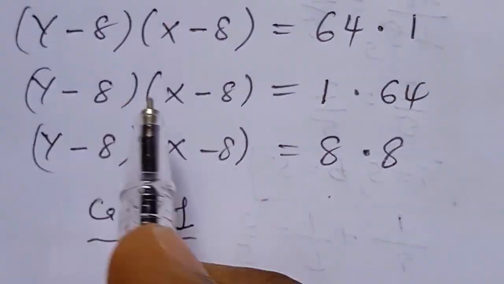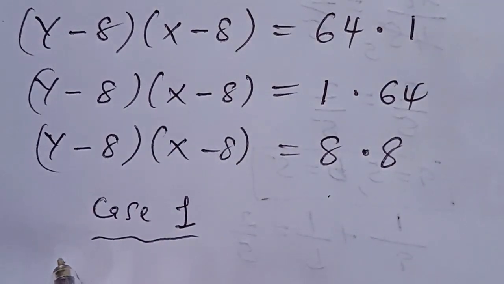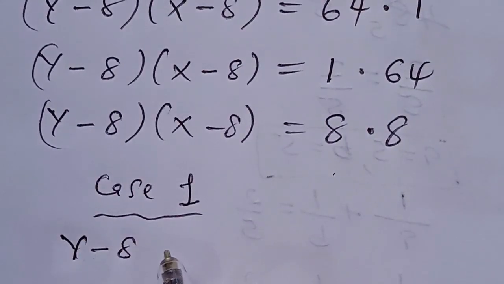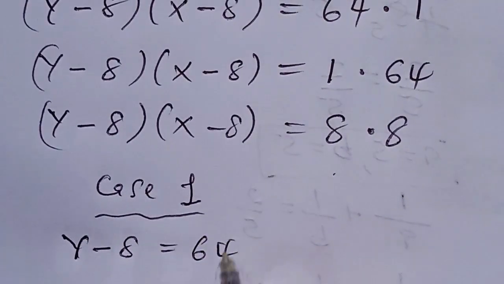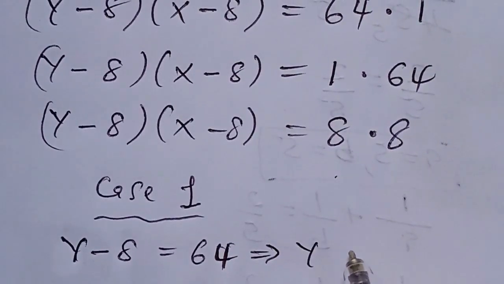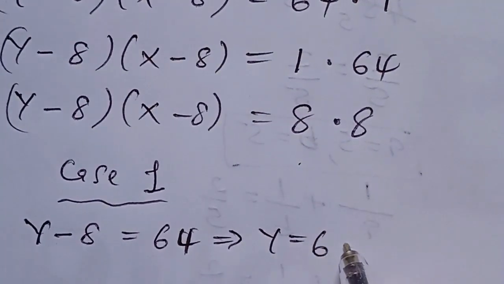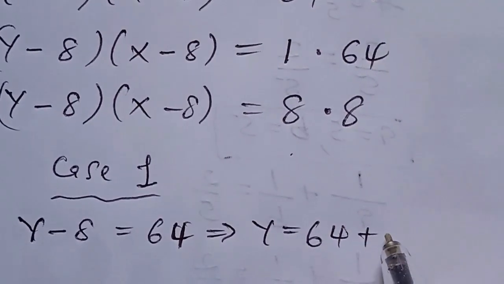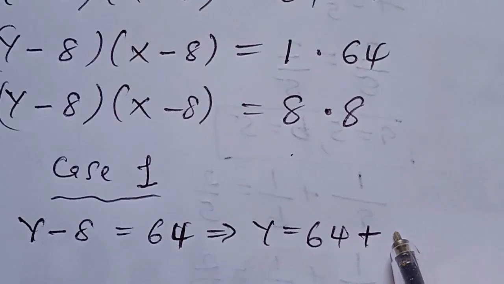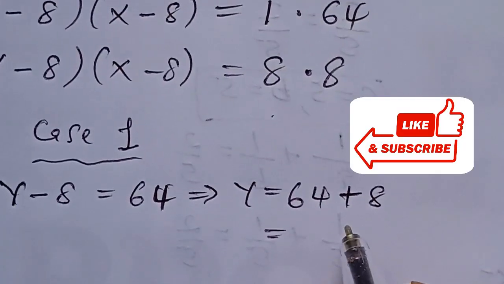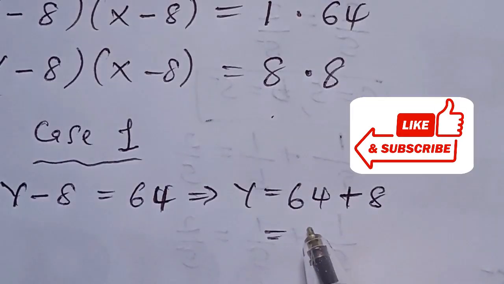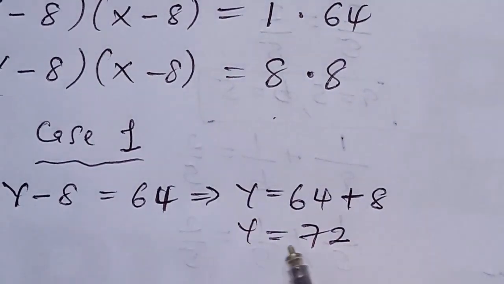So where we have case 1, it implies that y minus 8 is equal to 64. So we can say that y will be equal to 64 plus 8, and that is equal to 72.